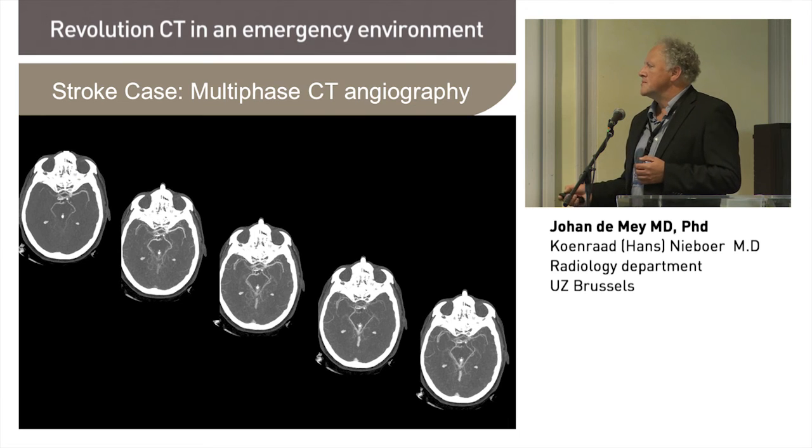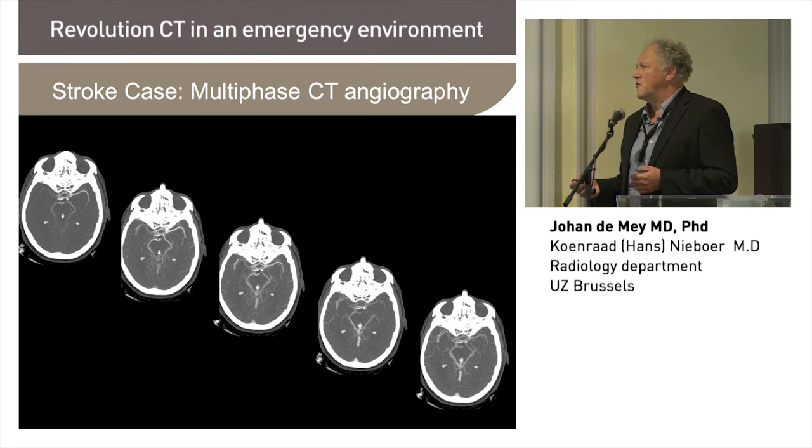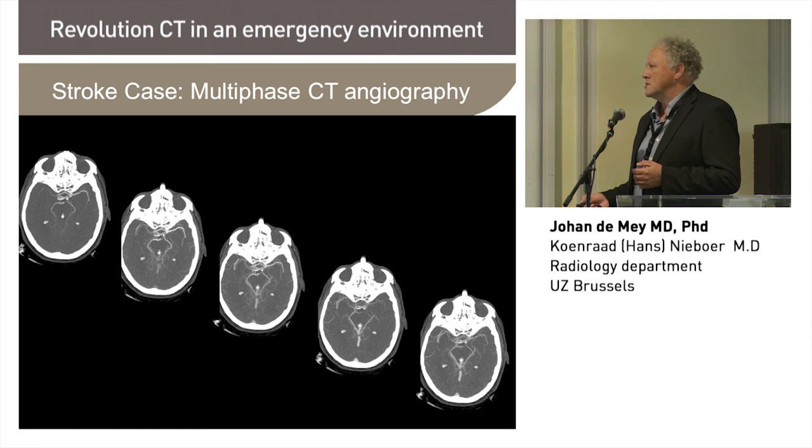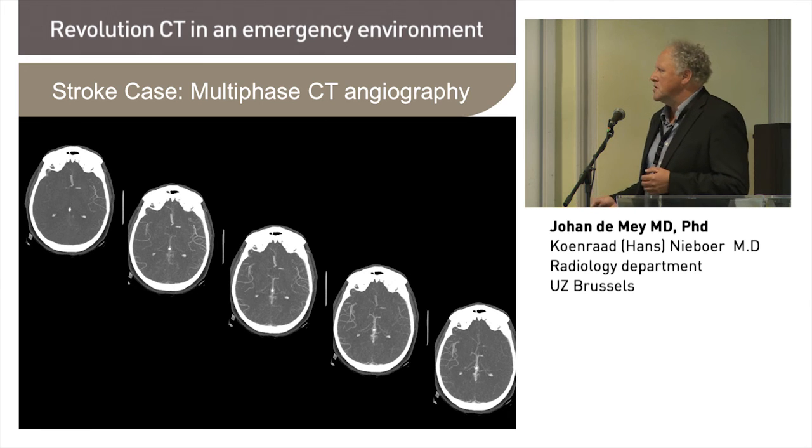And then this is the multiphase scan we add, and you get quite good information about the filling of the vessels. You see here on the right side, it's filling a little bit slower. And higher up, you see slower filling of the right hemisphere, cerebral media region, but you see the collateralization.